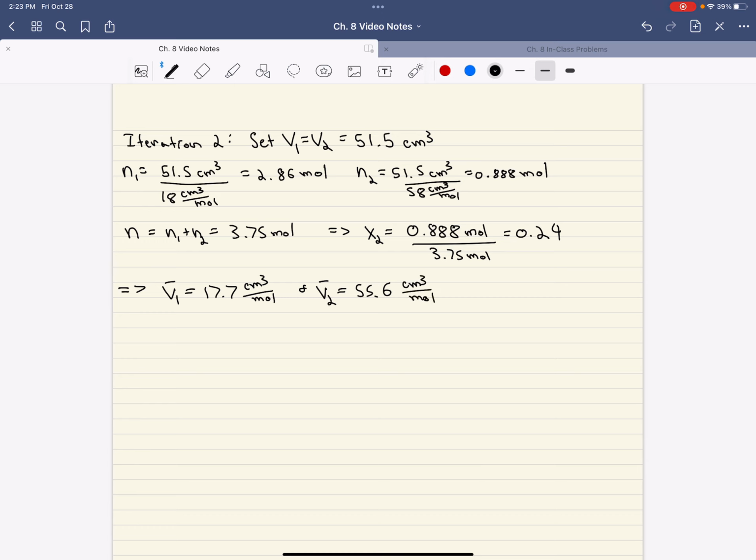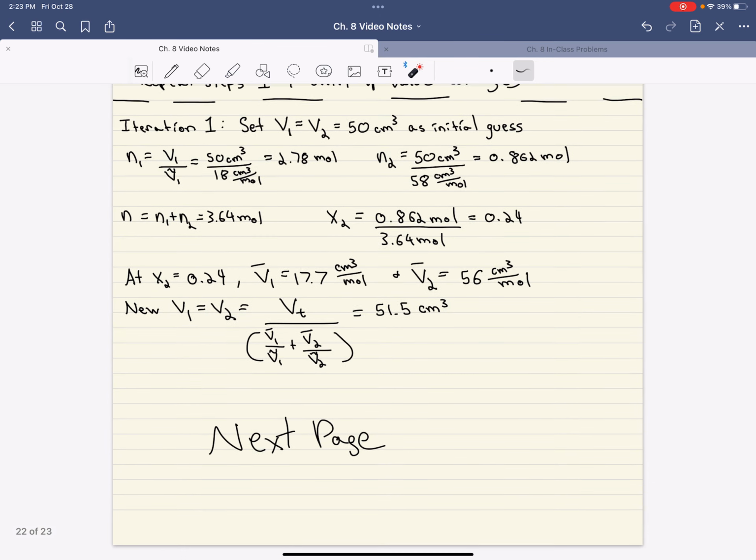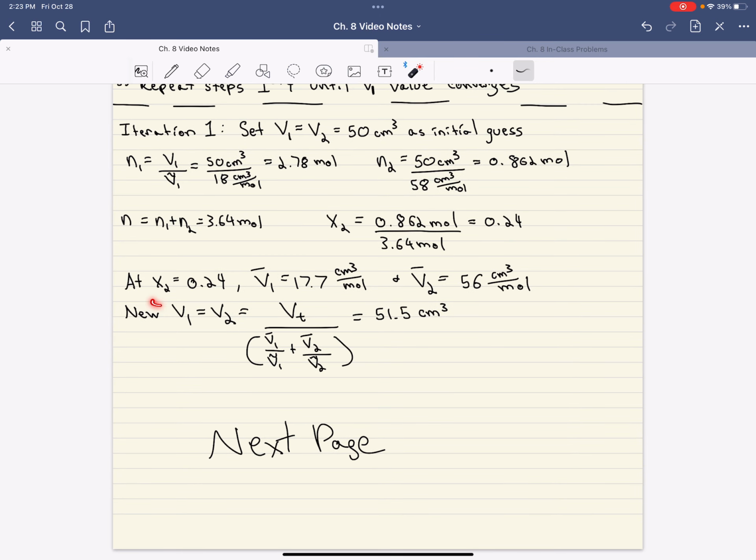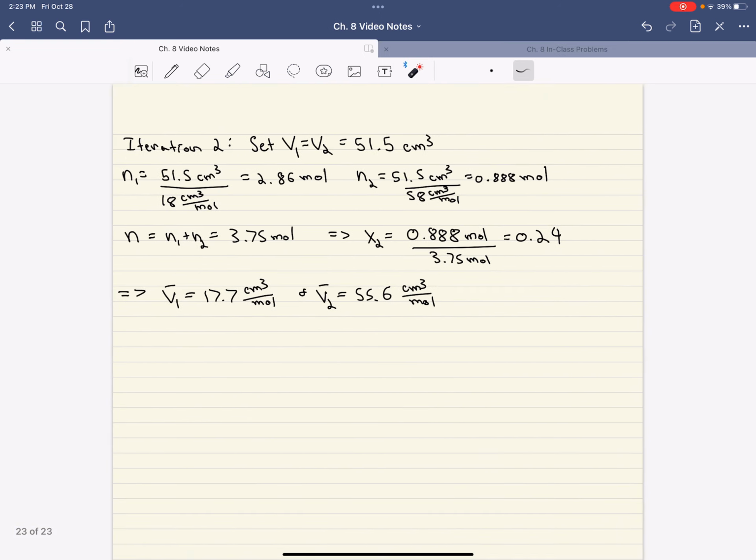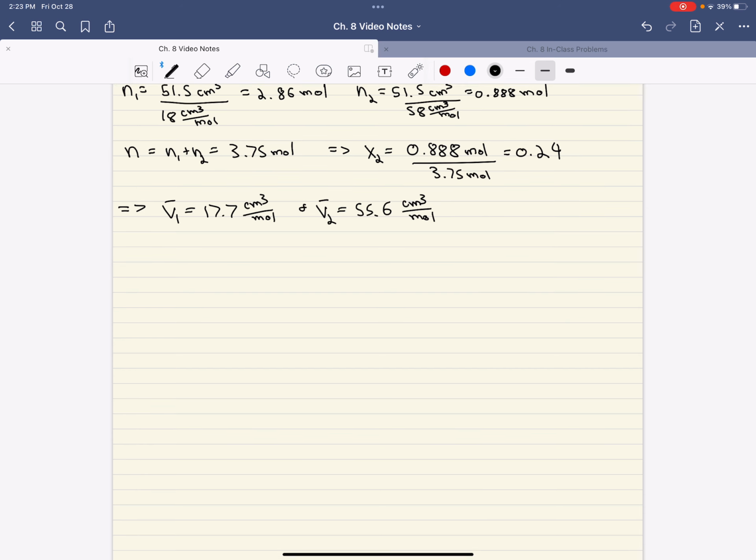Right? And so if those are the same, if we go back into this equation, right, where now if everything on the right hand side is the same, that means the number we get out on the left hand side will also be the same. And so basically what we're seeing is that in 2 iterations, our V1 and our V2 values have converged.